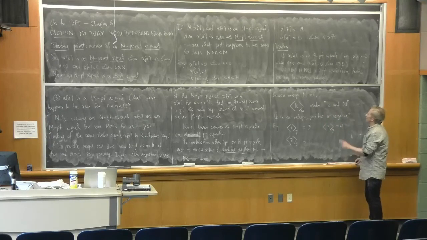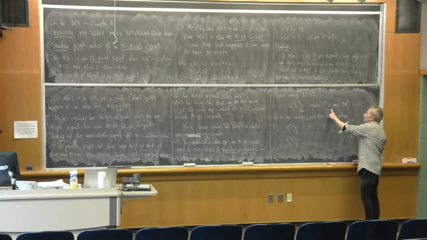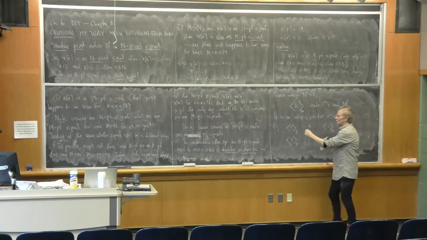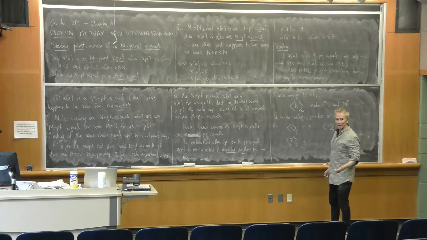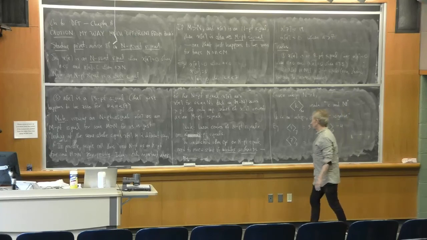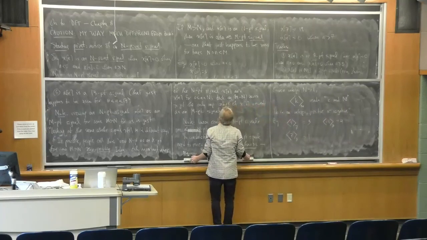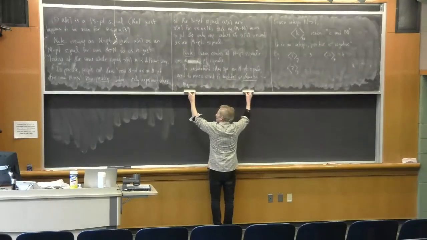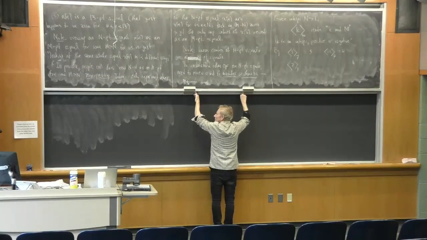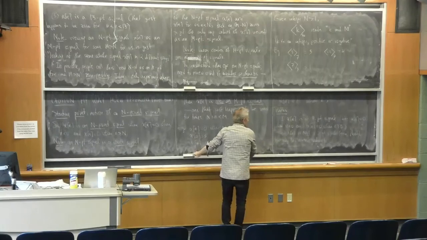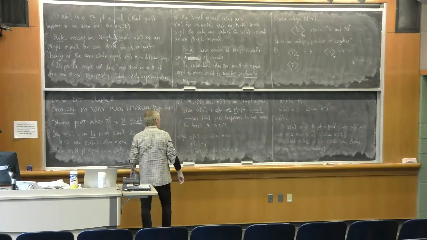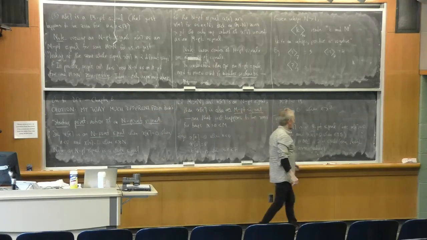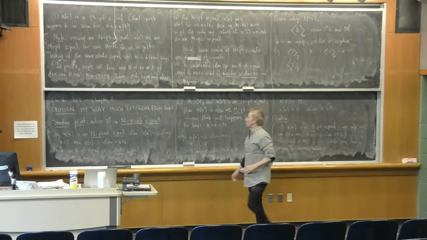Basically, to get k mod n, you shift k in whatever direction you have to shift it by multiples of cap N until you get in the interval 0 through n minus 1, and where you land is k mod n. We've done a lot of shifting and landing this semester, haven't we? We did it with f's, we did it with omega hats, now we're doing it with k's. Shifting and landing.